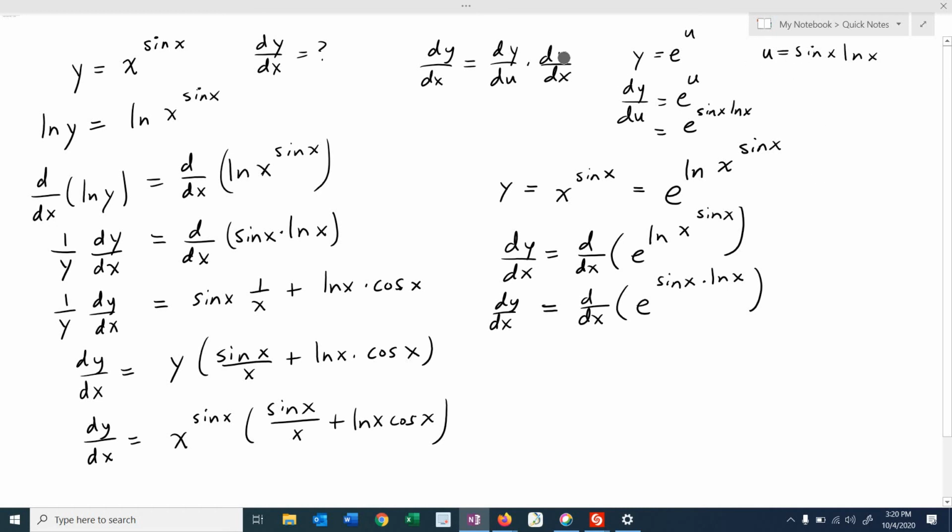Okay, and now we have to find du dx, which is the derivative of this function. And notice again, you're going to have to use the product rule. We already did that, right? We found that derivative here, so it's going to end up being this using the product rule. So it's sine of x over x plus natural log of x times cosine of x.